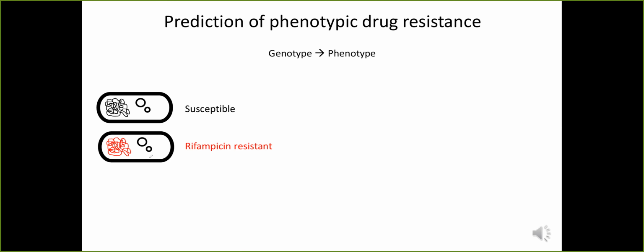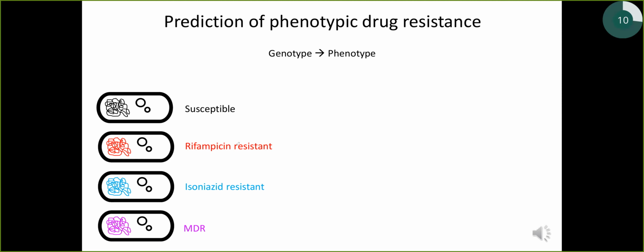And by analyzing the genetic content of the bacteria, we will be able to find something in the genome that tells us that this bacteria is most likely rifampicin resistant or isoniazid resistant or maybe multi-drug resistant.